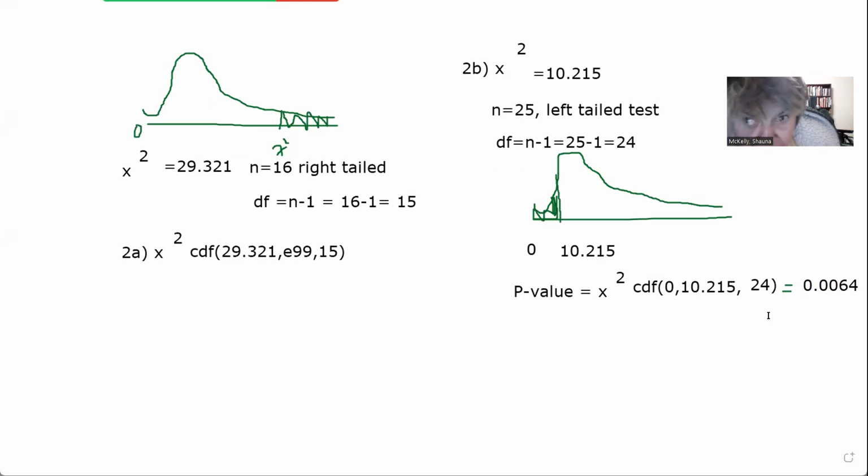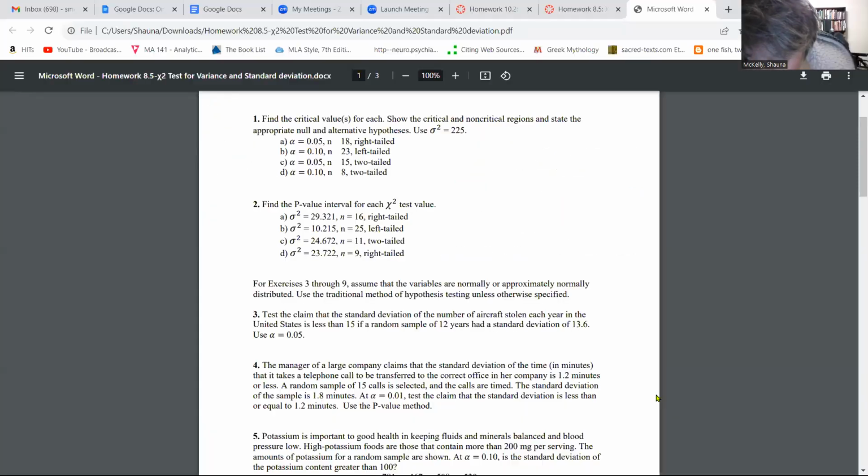Okay, that's my p-value. 2C, I believe 2C is the one that is two-tailed. Let me take a look, because that one is a little different. I want to show you that one. Yeah, 2C is 24.672 and n is 11, two-tailed.